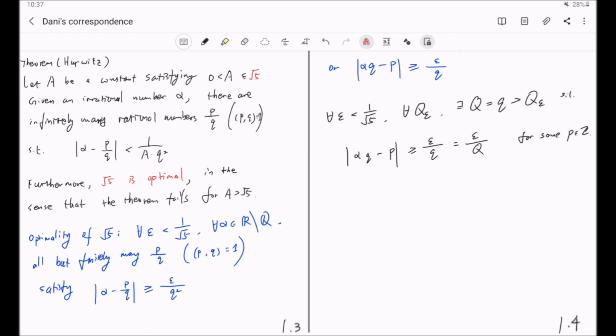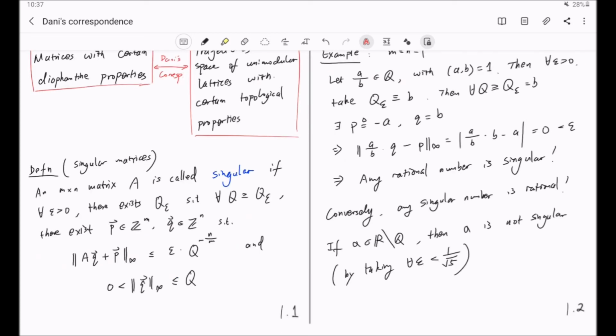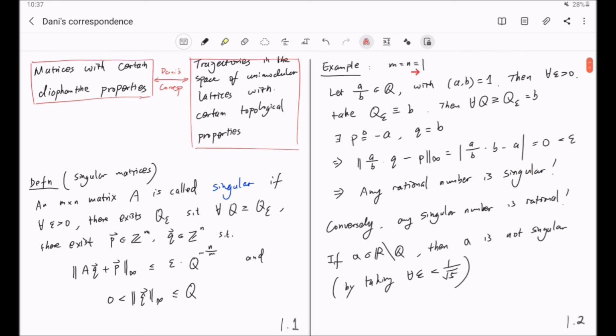So this shows that alpha as an irrational number cannot be singular. So being rational is the same as being singular in the dimension 1 case.